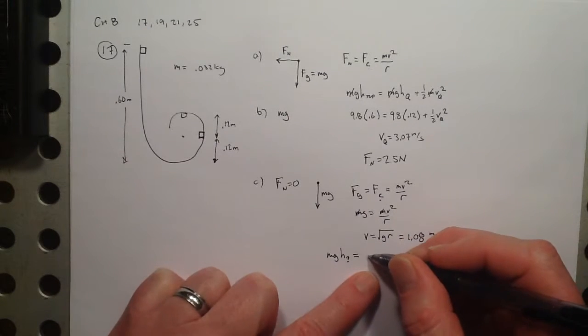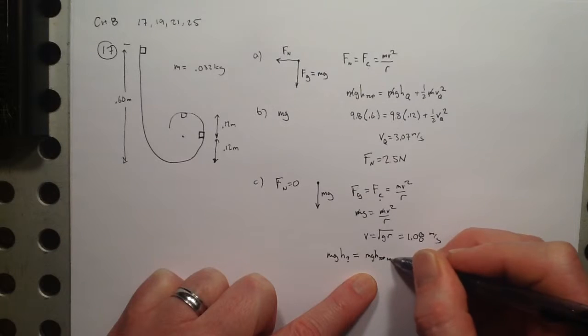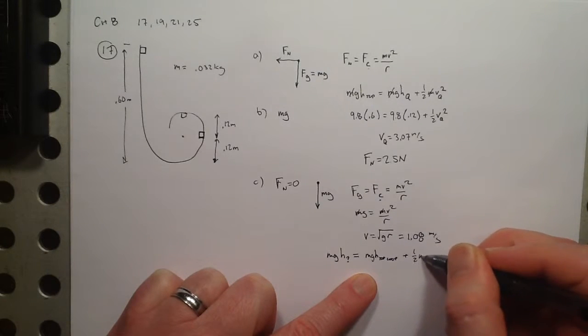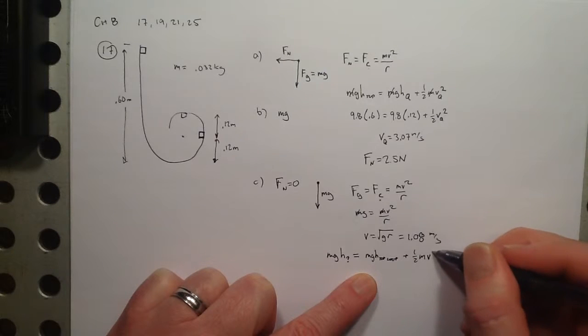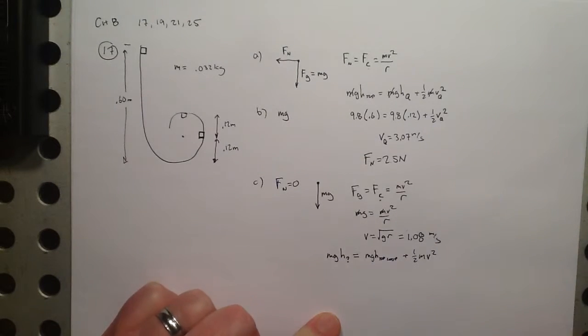Would be equal to mg times the h at the top of the loop plus 1/2 m v squared, where this is our v, right? Our minimum velocity to make it through the loop.